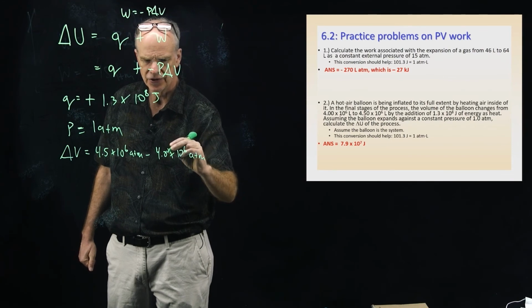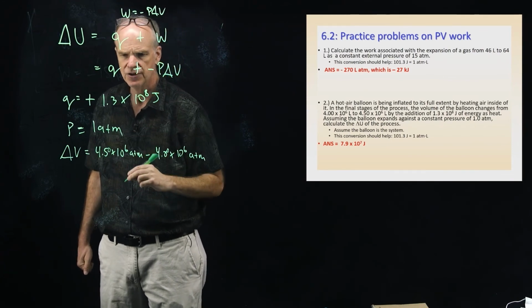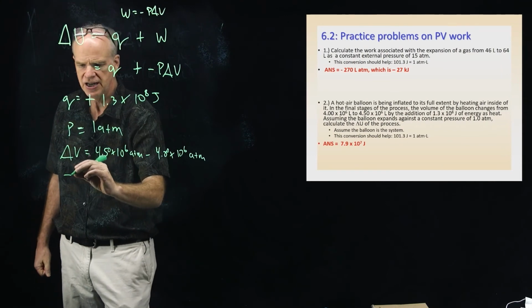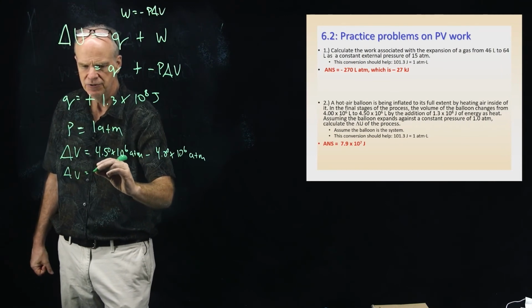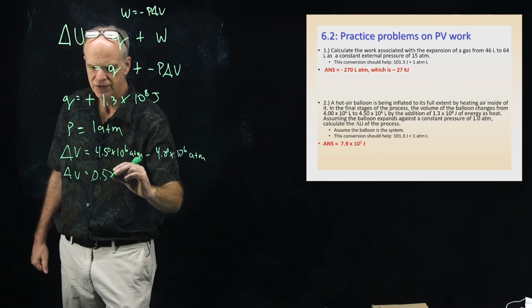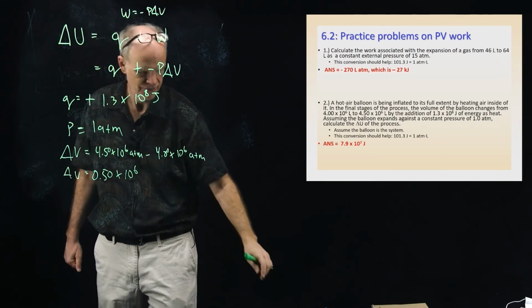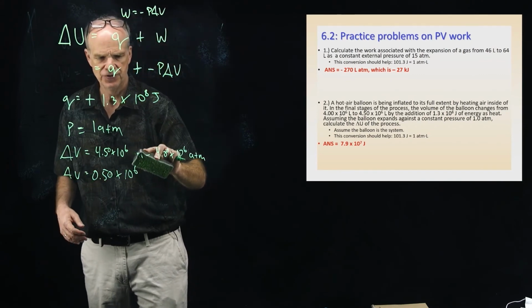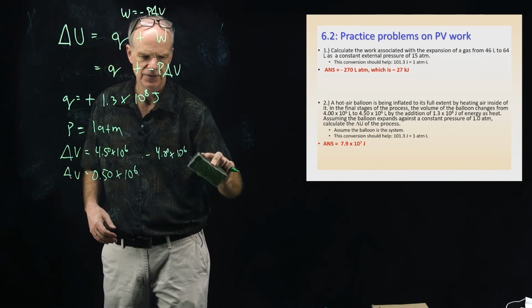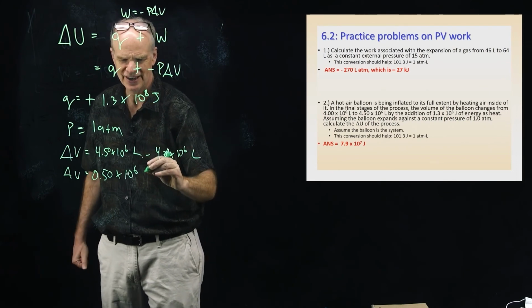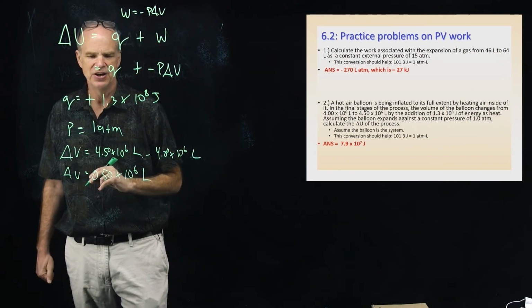Let me add another 0 here to make the figures match. And so here the change in volume is equal to 0.50 times 10 to the 6 liters. Okay, so delta V is that.